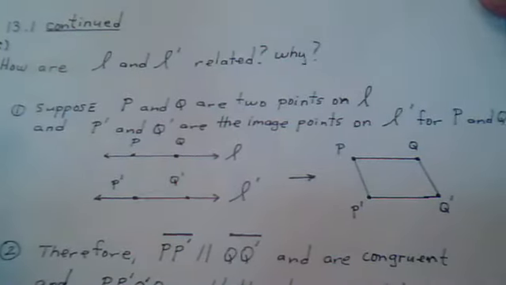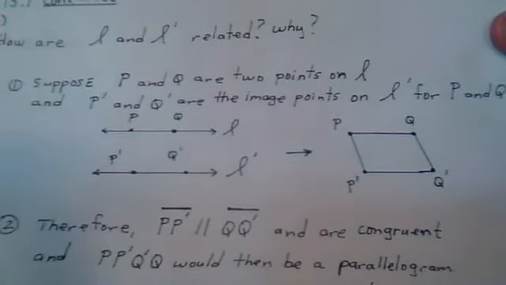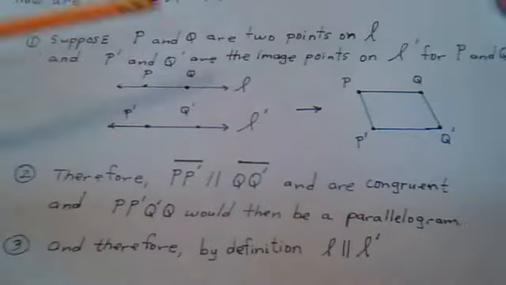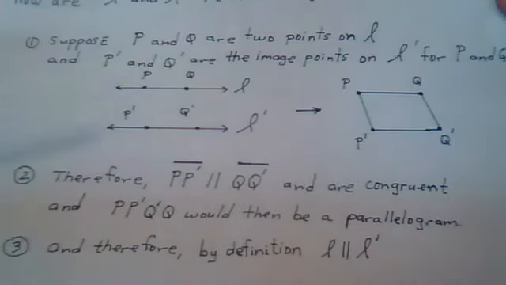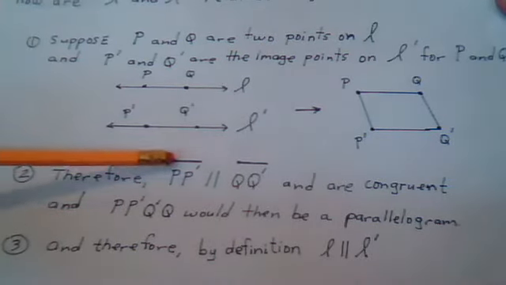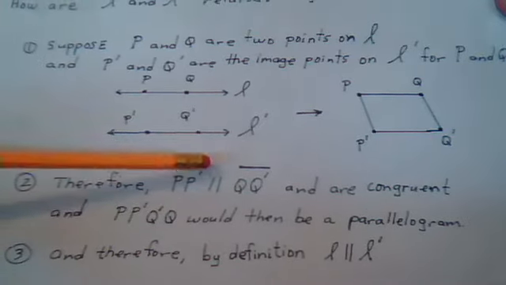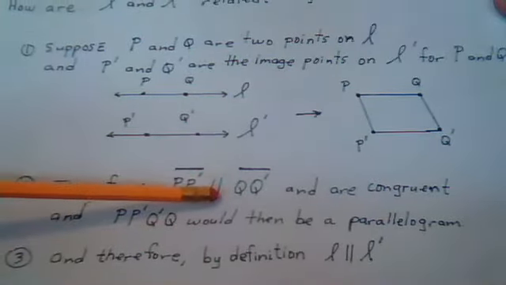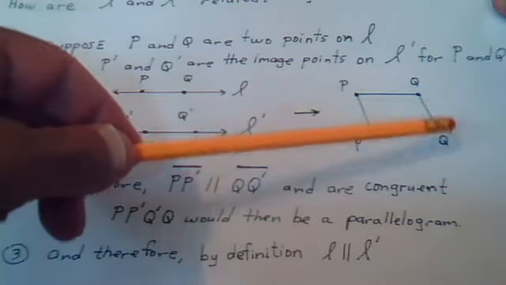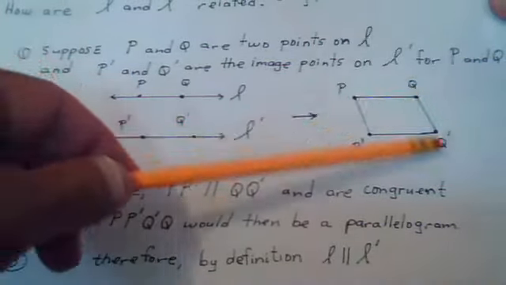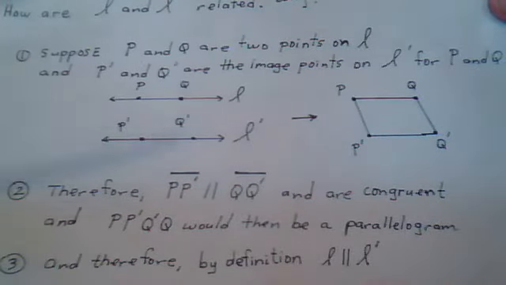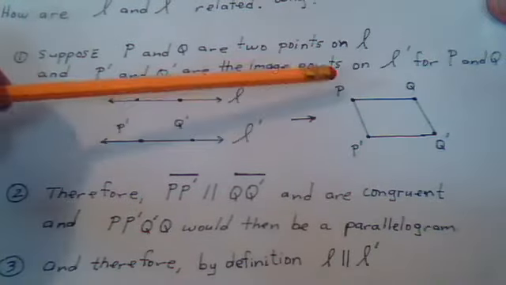So two things, parallel and congruent. So now that we have our parallelogram, let's talk about that so we could involve the L and the L prime. Therefore, line segment P P prime, this one, is parallel to line segment Q Q prime, which is this one. These are parallel and are congruent.